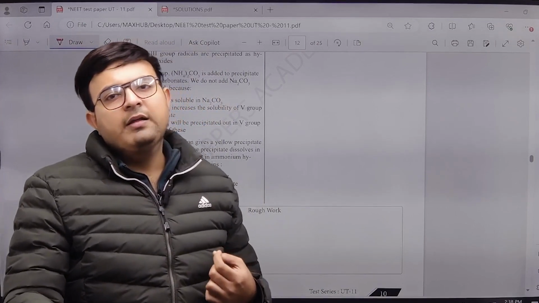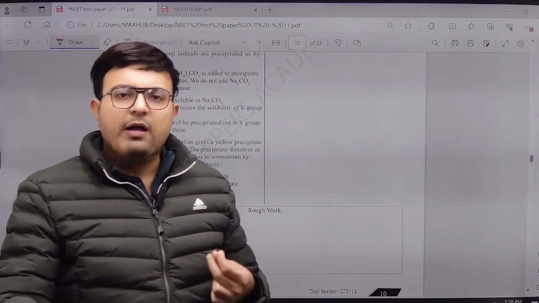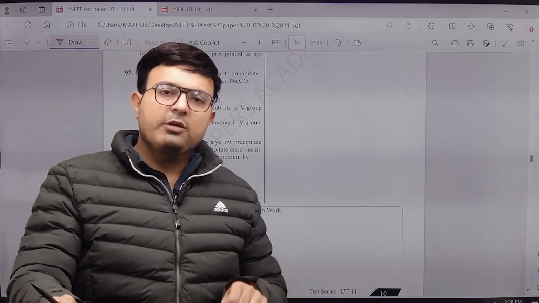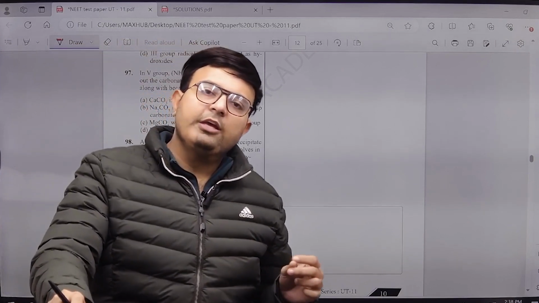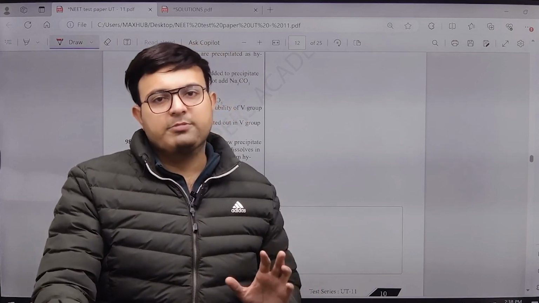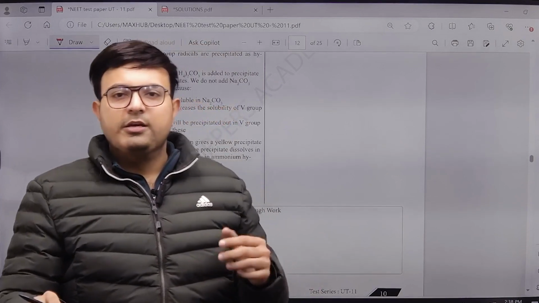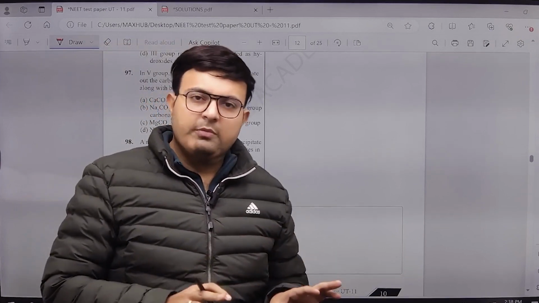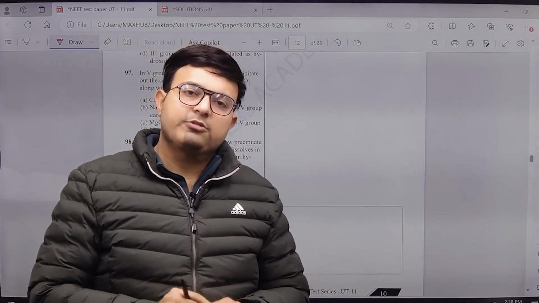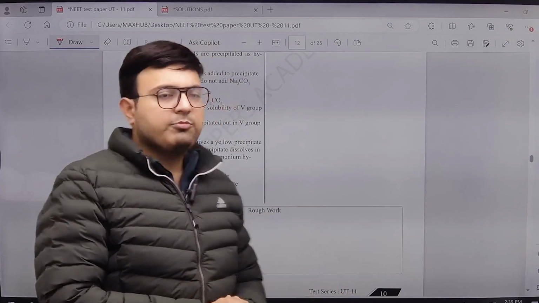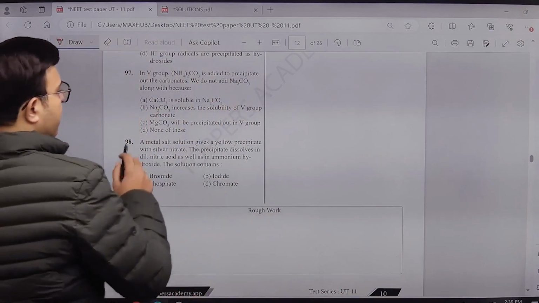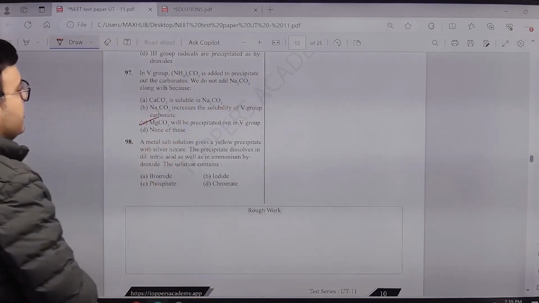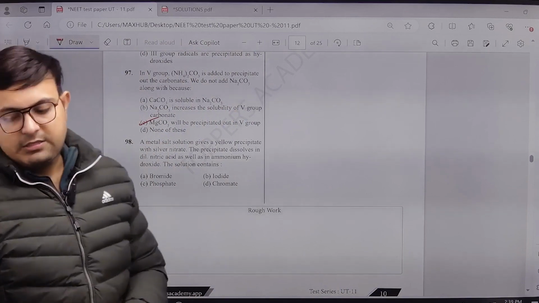If you add sodium carbonate in place of ammonium carbonate, it will give you magnesium carbonate precipitate also, because sodium carbonate is more effective in making carbonate. So we use ammonium carbonate so that it gives precipitates of only group 5 metals, not group 6. So this is the correct answer.